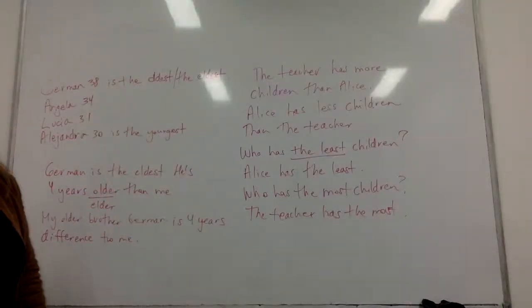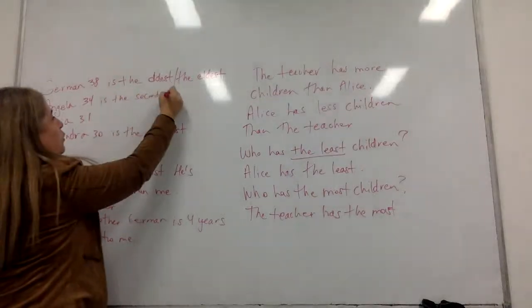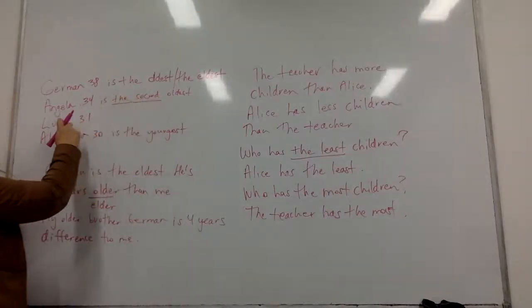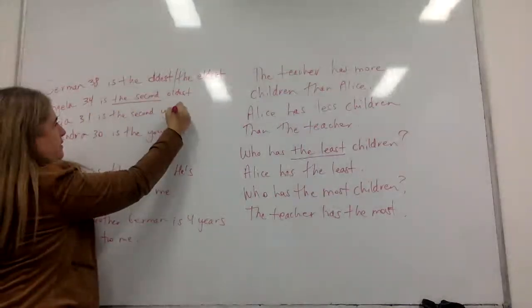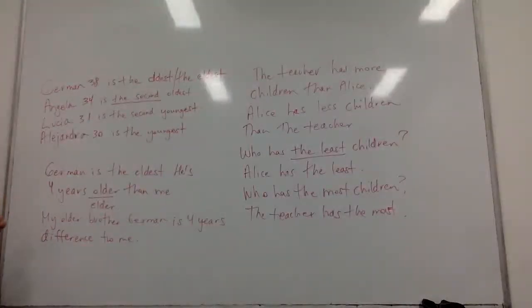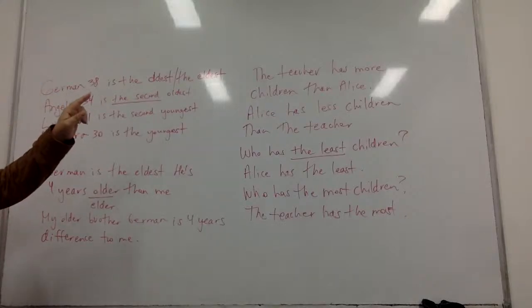What about if we say that Angela is the second oldest? And then in this case, you could say Lucia is the second youngest. So you can do that too. And you could say Germán is the oldest, correct?